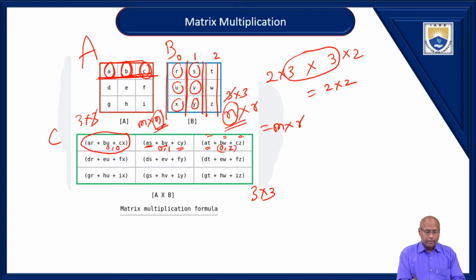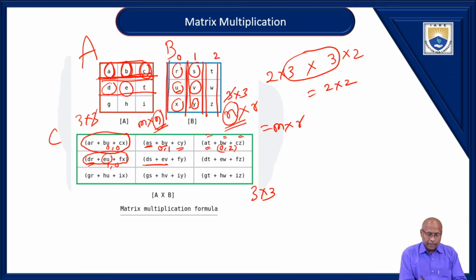Now come to the 1st row, 0th column. The 1st row of the first matrix, 0th column of the second matrix. D with R, DR. E with U, EU. F with X, FX. If you add everything, you will get one value. That value you have to store at 1, 0.